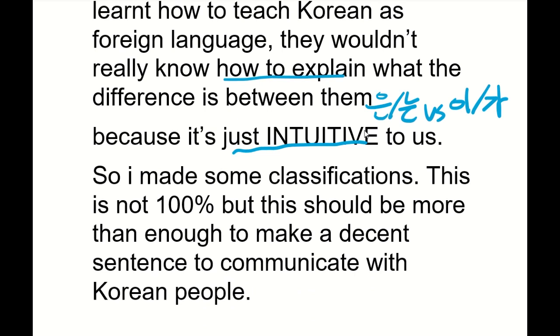So I made some classification here to make my students understand. But you should know that this is not 100%, because we are just touching upon the basics of the particles. But this should be more than enough to make a decent sentence to communicate with Korean people. Okay?